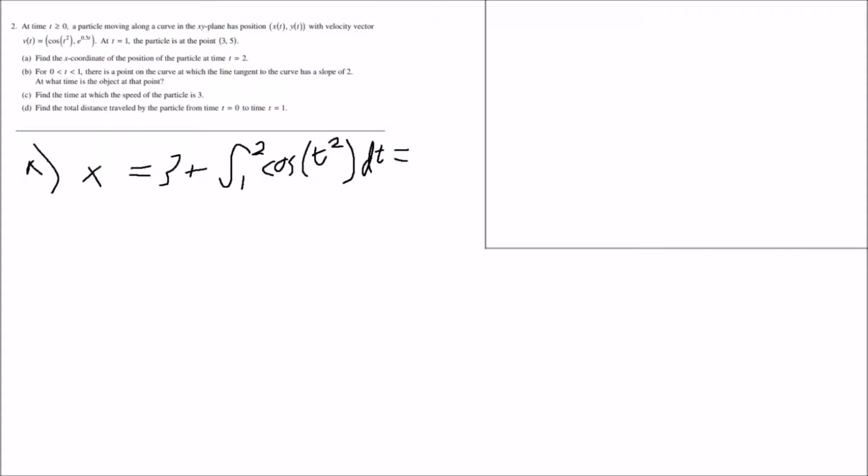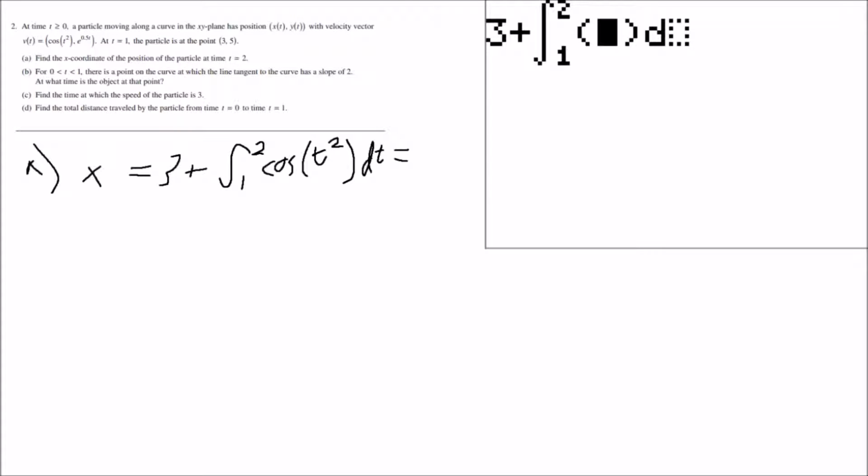So that gives you that number right there as soon as it loads. Okay, so you've added your 3 there, and your interval, or limits of integration.